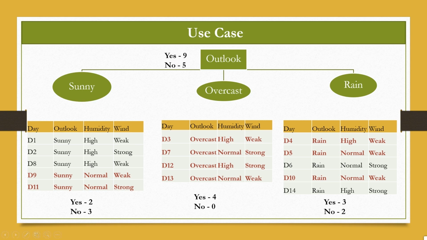When it is sunny, we have 2 yes and 3 no. When the outlook is overcast, we have all 4 as yes, meaning that on the 4 days when the outlook was overcast, we can play the game. Now when it comes to rain, we have 3 yes and 2 no.